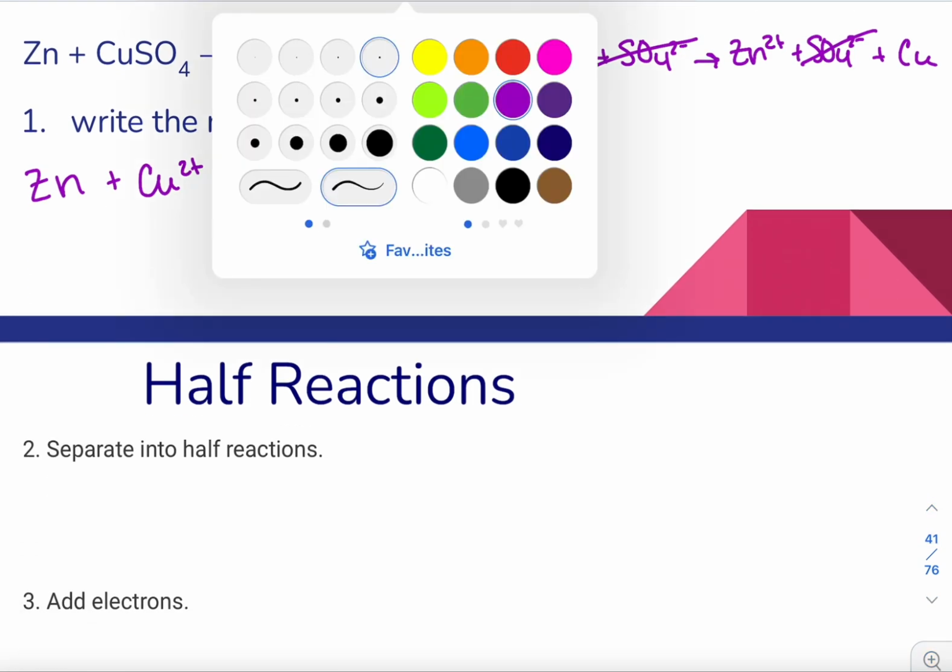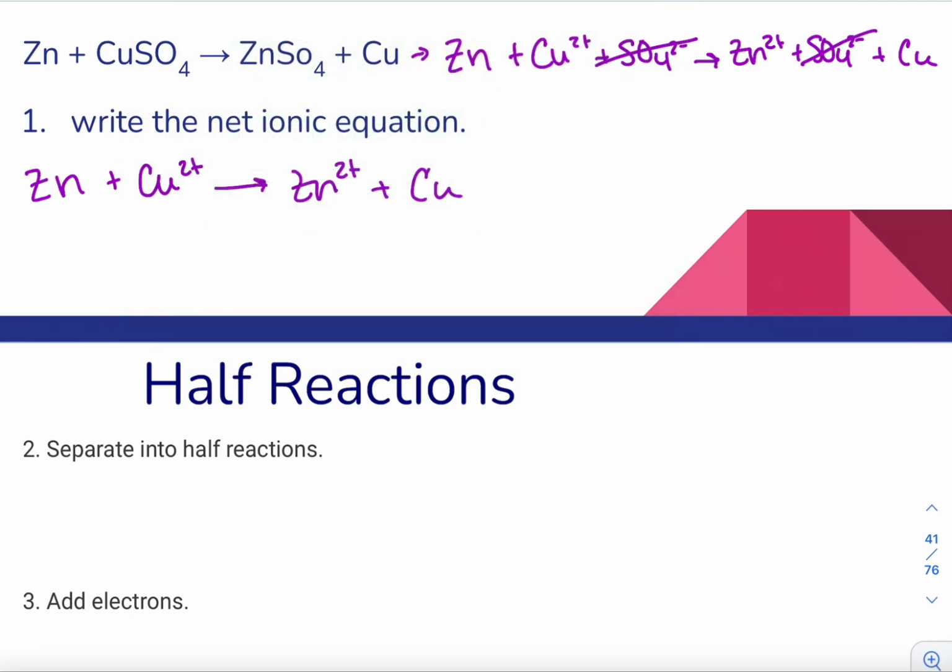So next step, separate them into half reactions. What you'll do is you take the substance that is oxidized, and that's going to be one half, and then the substance that is reduced is the other half.